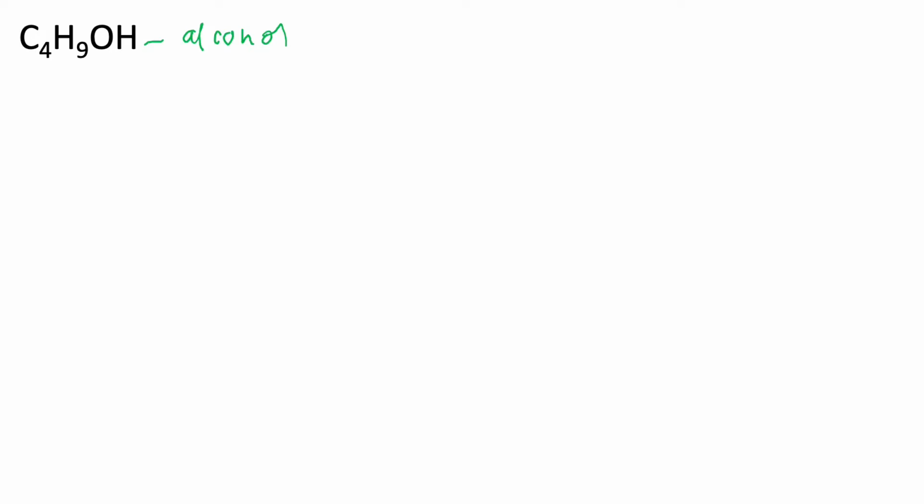So since we have C4H9OH, kita ada 4 carbon. So let's just start with 4 carbon. So for the functional group, kita letak tepi ini. And you can fulfill the H.